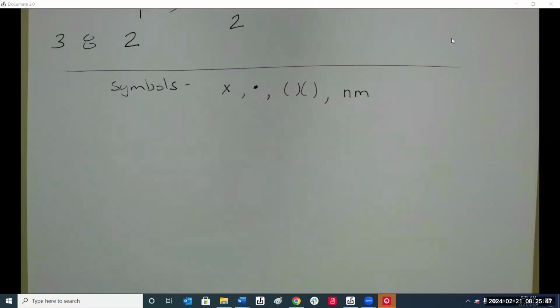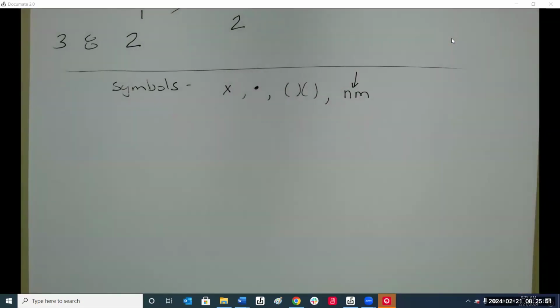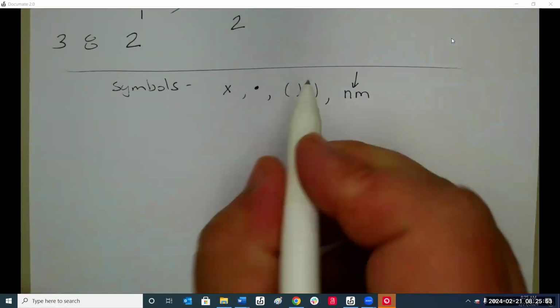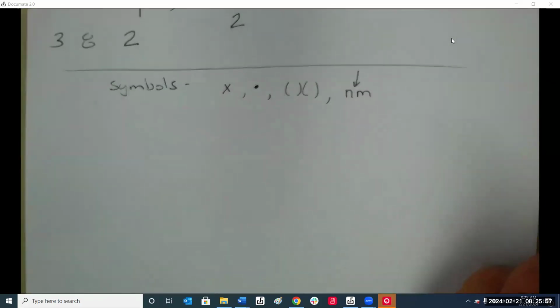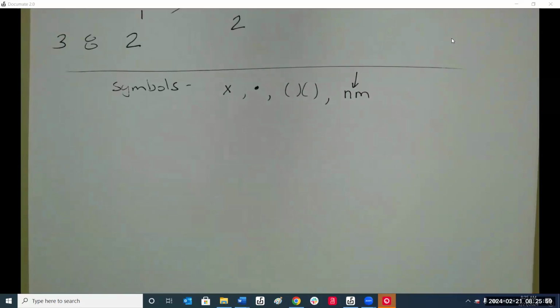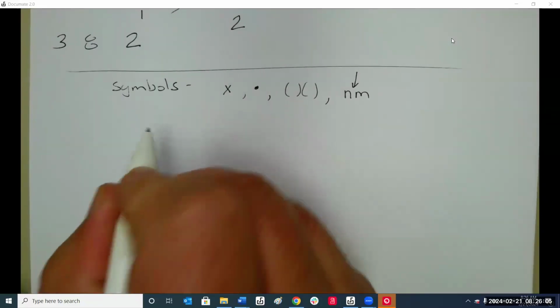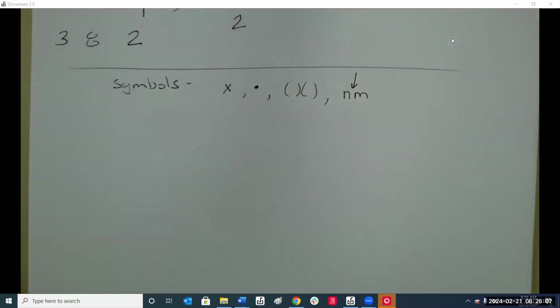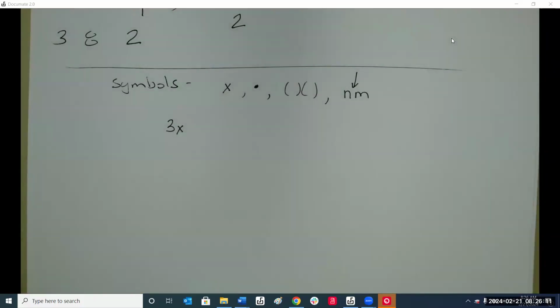Or nothing. There's nothing between these. Which is what happens here also. Multiplication is the only operation that doesn't have to be there to be there. Not in the early grades, but in later grades, you're going to introduce variables.